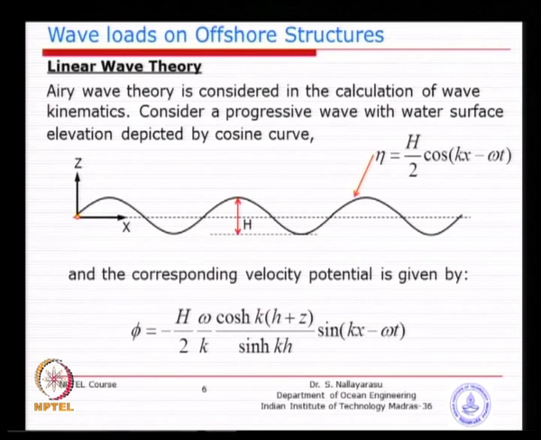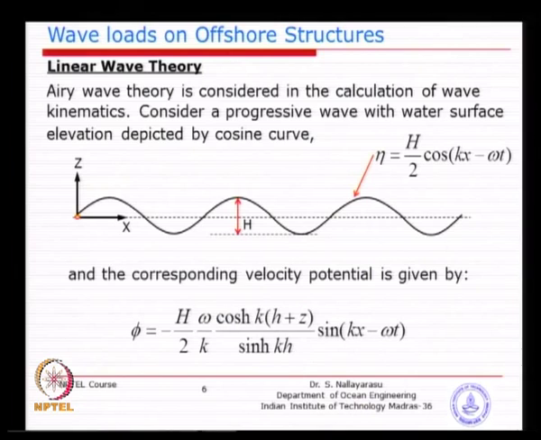This potential function could be used to derive various parameters of interest for the structural design, because what we are looking at is the velocity and the acceleration of the fluid while the wave is propagating. That is what we are interested in.